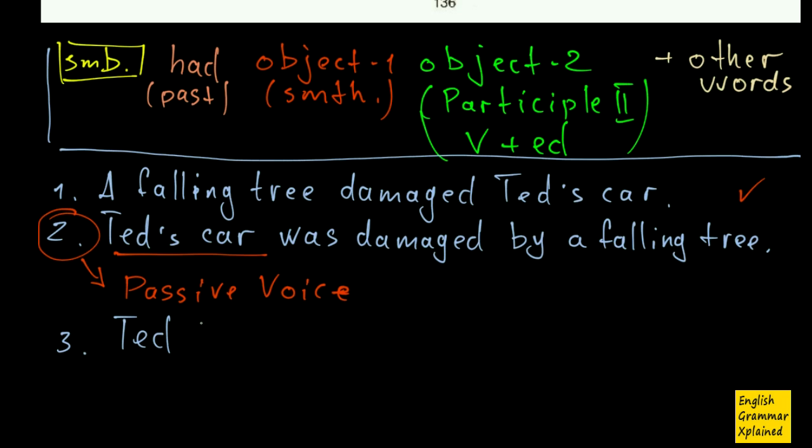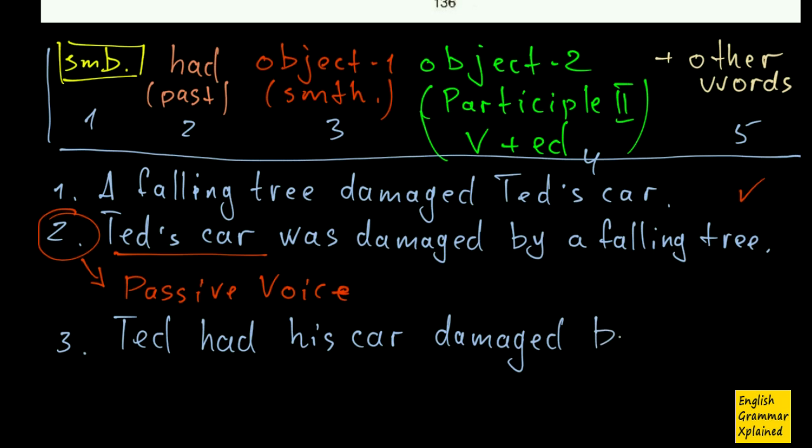Then I put had, because I have had here. That's the first position, second, third, etc. Here comes the first object, his car. Here comes the second object, damaged. And here come the other words.